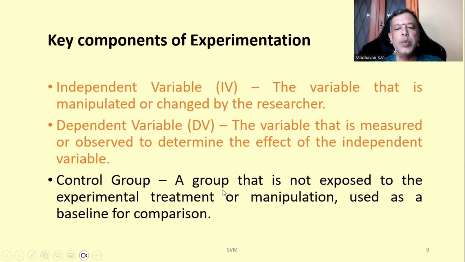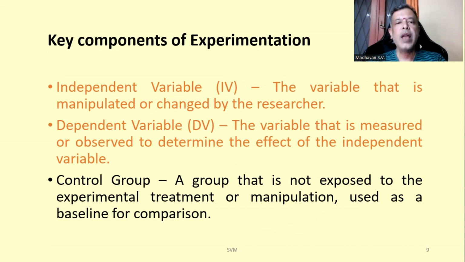Control group, a group that is not exposed to the experimental treatment or manipulation, used as a baseline for comparison. For example, if somebody wants to test the effect of a drug manufactured by a pharmaceutical company to reduce pain, they create two different groups. One is the experimental group and one is the control group.